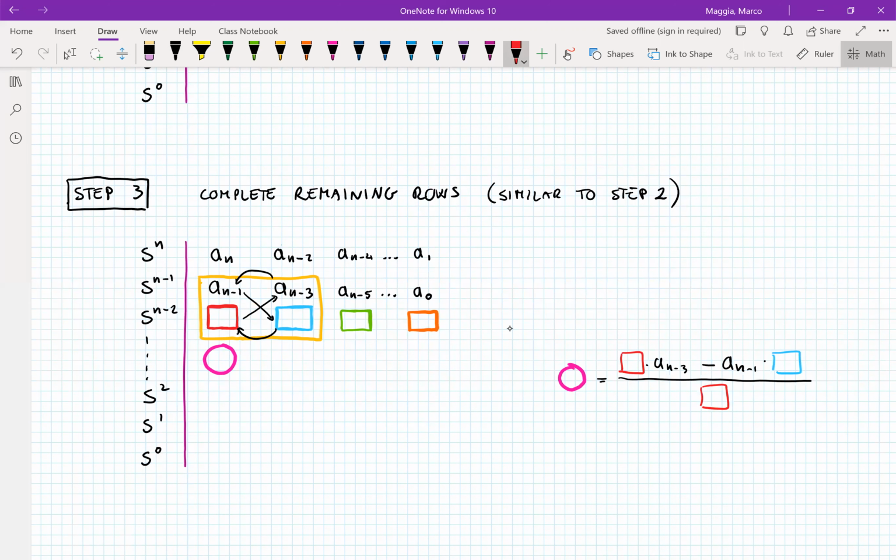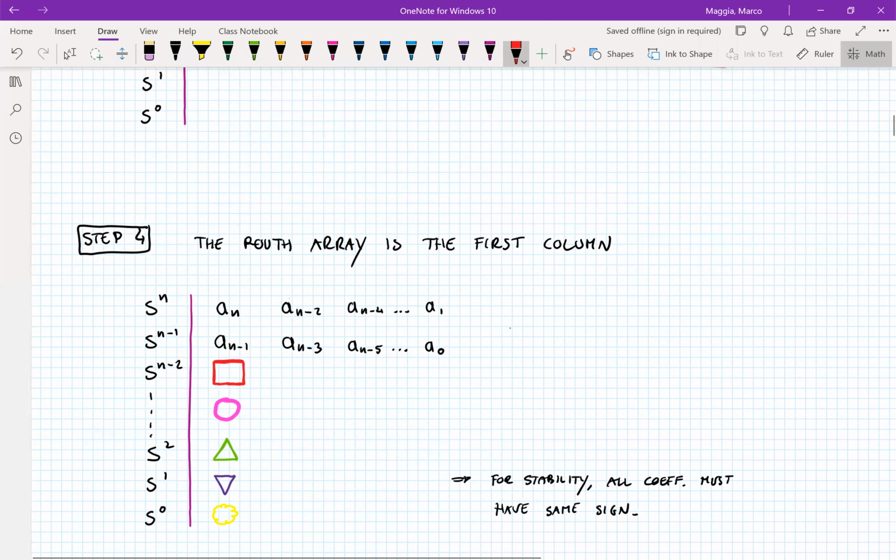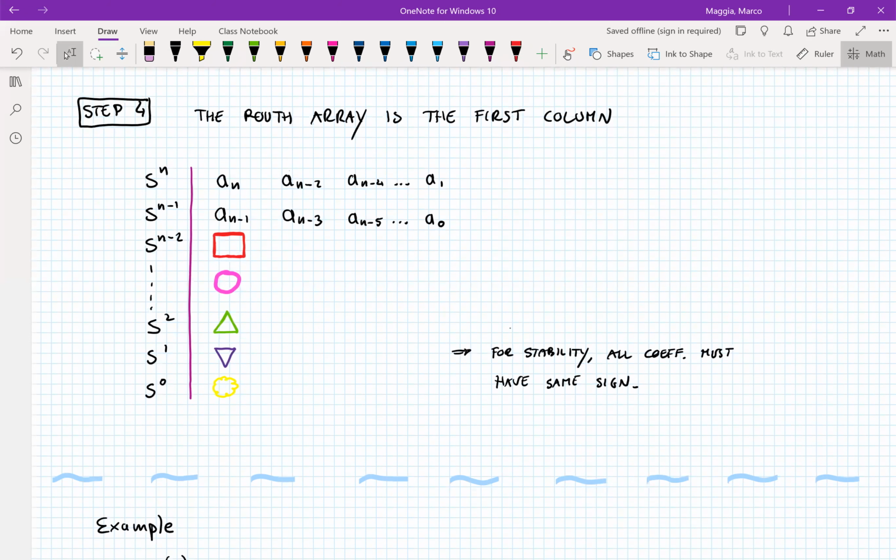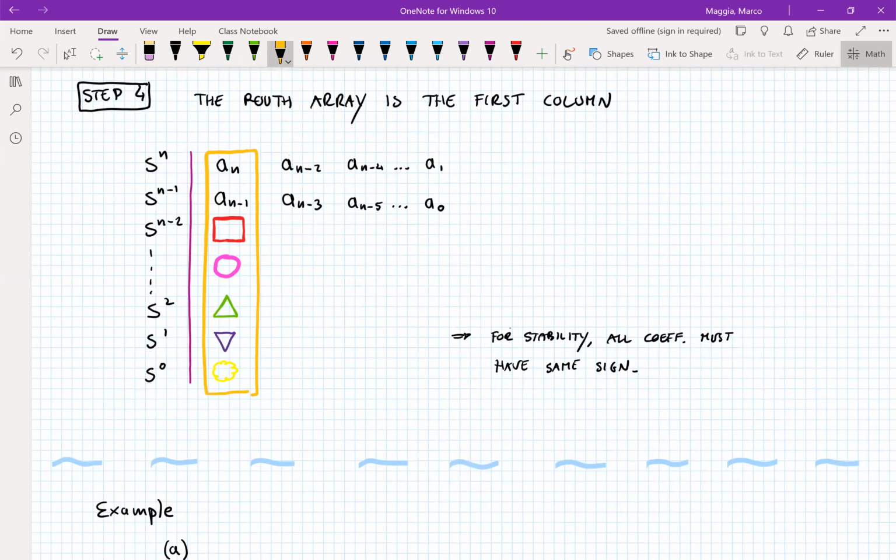So you can complete the whole table like so until you find all the coefficients of the first column. And this is important because the first column constitutes the actual Routh array. That's what we want to check.